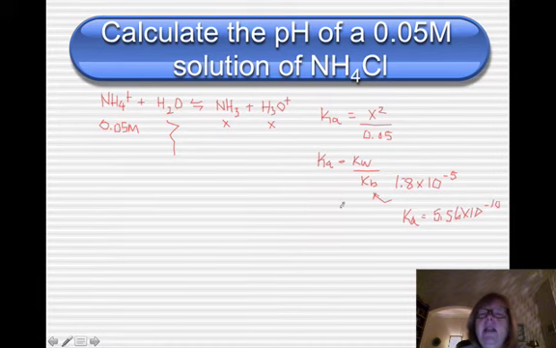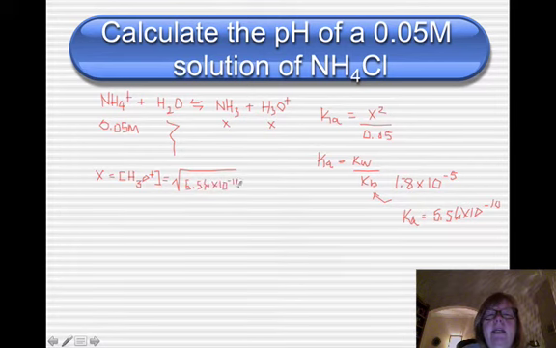All right, so let's go ahead and do that math. So our hydronium ion concentration, which is equal to x, is equal to the square root of our Ka, 5.56 times 10 to the negative 10th, times our initial concentration, 0.05.